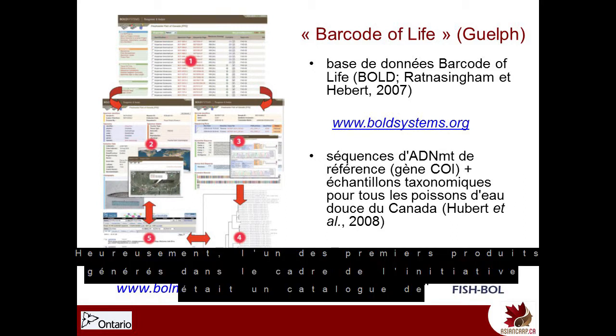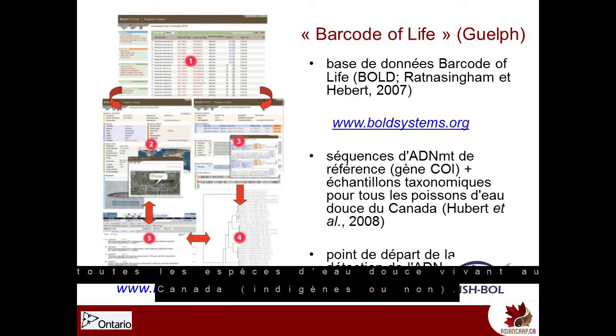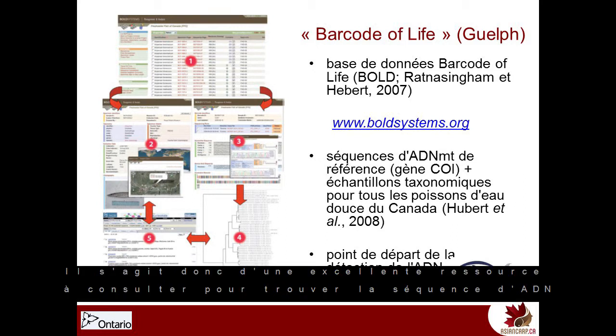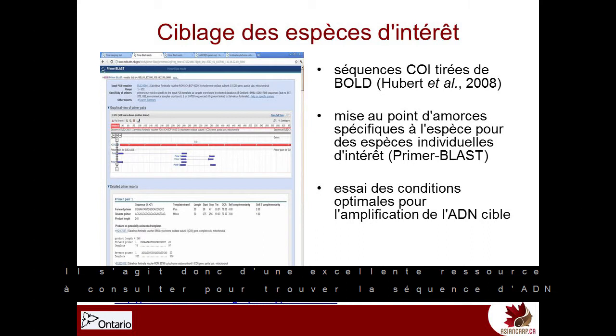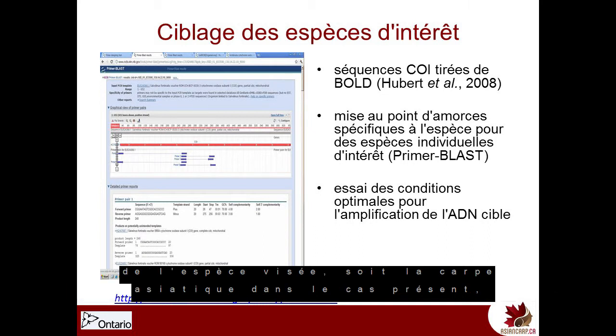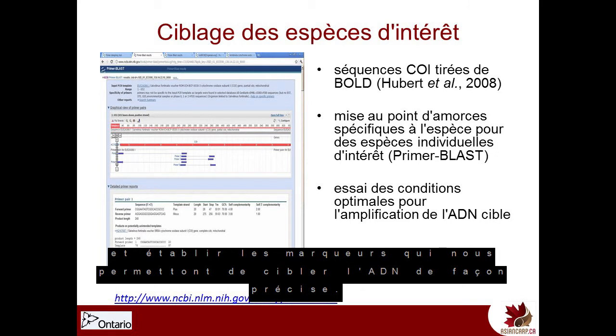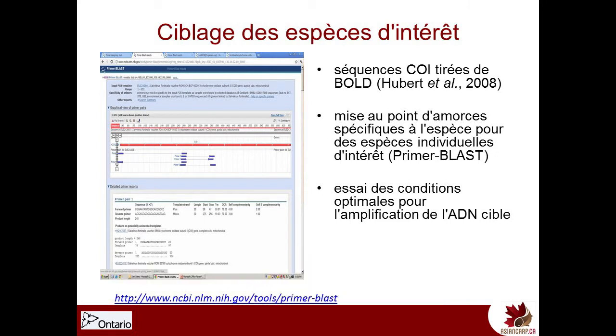And fortunately for Asian carp, one of the first products from this barcoding initiative was a catalog of all freshwater species in Canada, native and otherwise. It makes it a wonderful resource for finding the sequence for a species we want, in this case Asian carp, and designing the markers that allow us to target that DNA specifically.